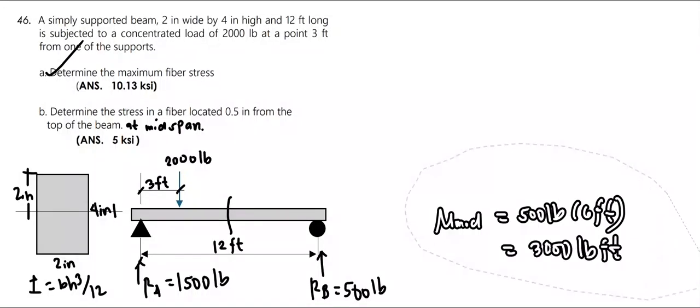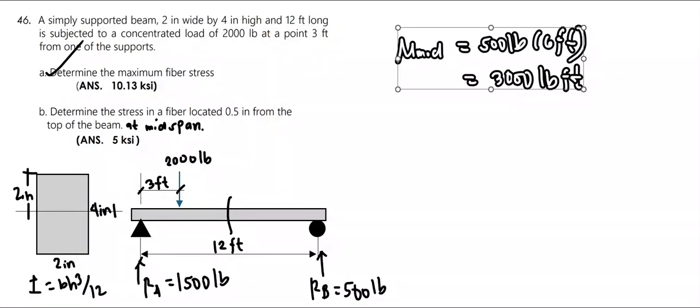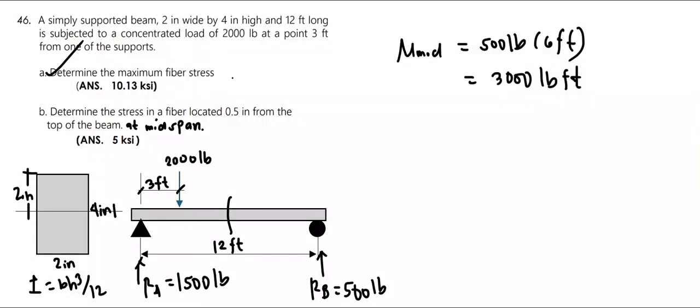Now that we have the moment at midspan, what we need here is the distance from the neutral axis to the point of interest. That is 0.5 inches from the top of the beam. So if this distance here is 0.5 inches, the distance from this segment to the neutral axis is equal to 2 minus 0.5 equal to 1.5 inches.